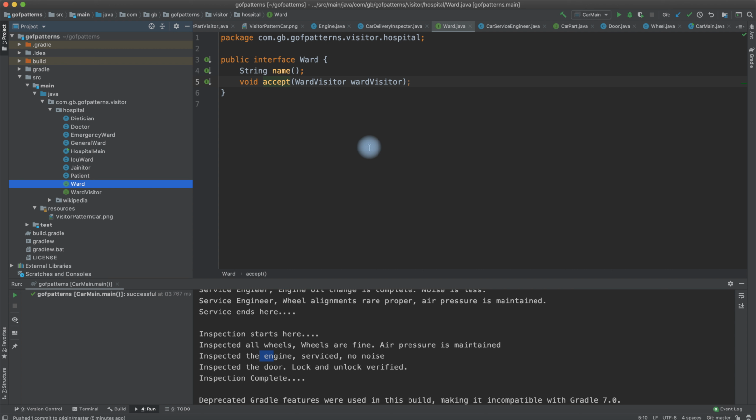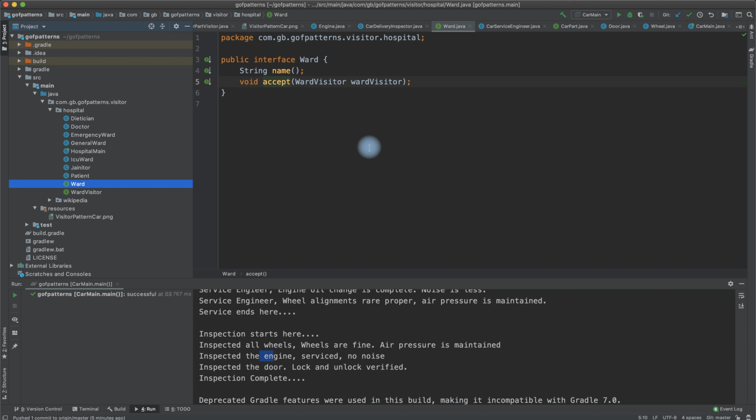So this is the example that I have come up with for the visitor pattern. I hope the introduction is clear before we look into the code. Once again, I explain where we have to add dynamic algorithms: it is to the wards. The wards will remain untouched. The wards will be open for extension and closed for modification.